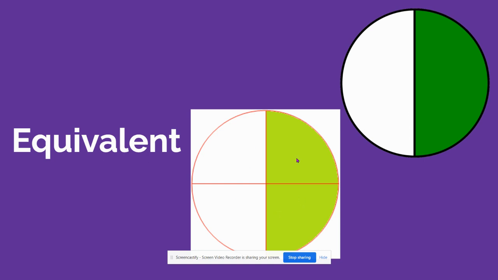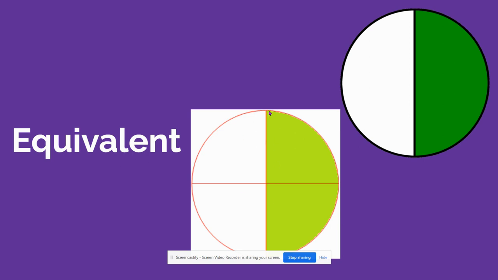I colored in 2 out of the 4 pieces, if I count the 4 pieces. But if you also look, if I just keep this line up and down in my mind, and I pretend this line doesn't exist, and I think back, well, if I only look here, it's kind of like this one up here where there's this half and this half.